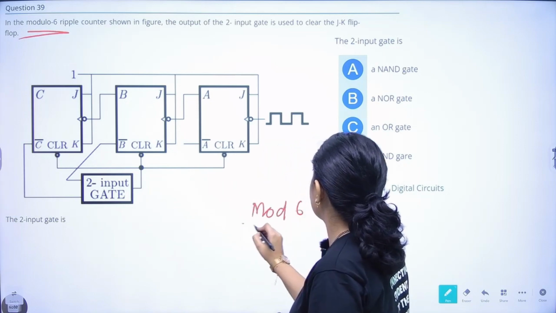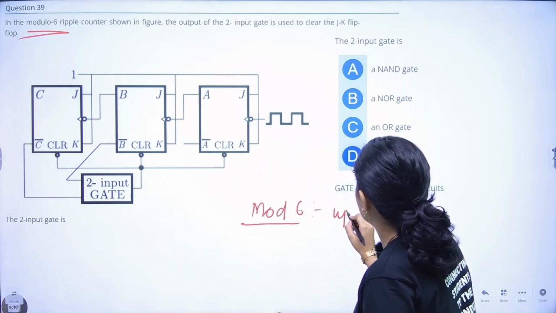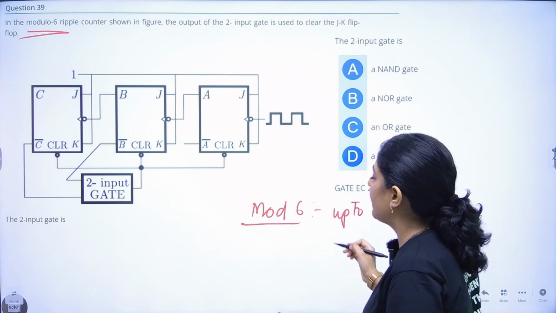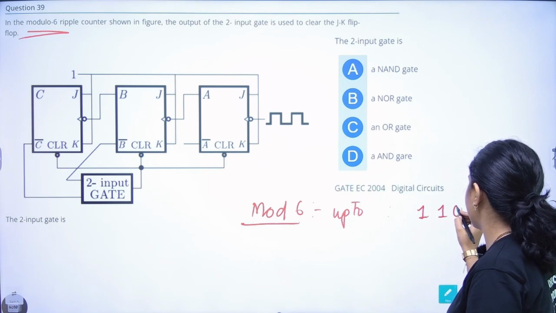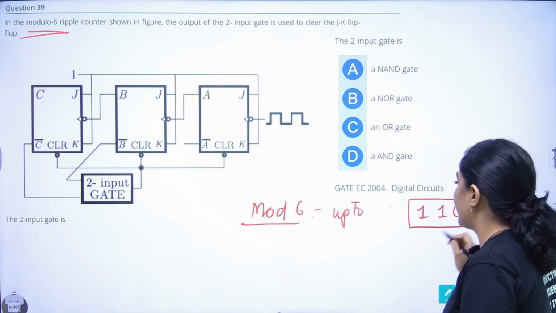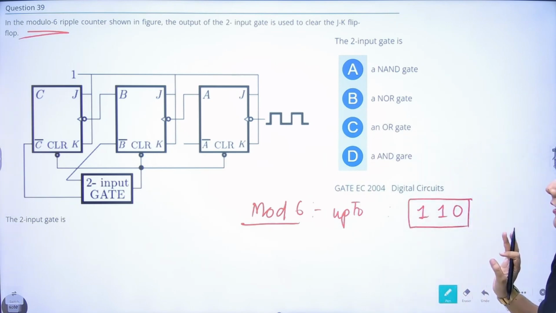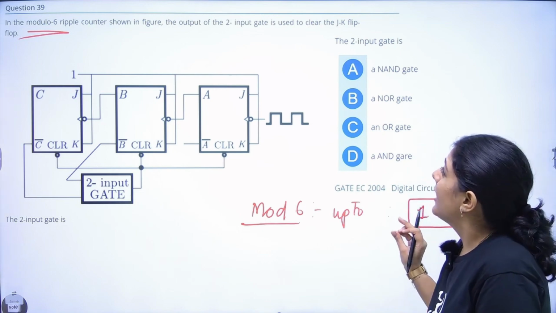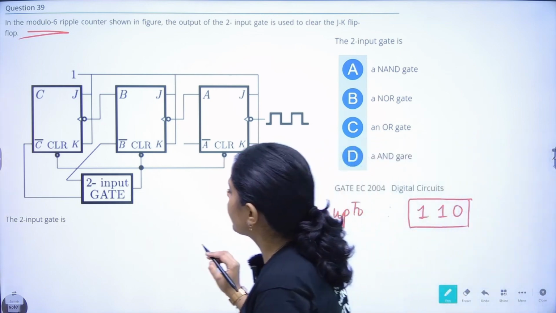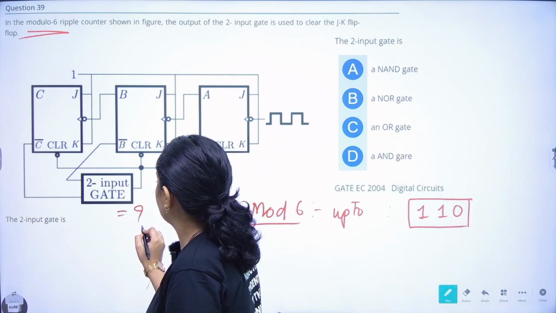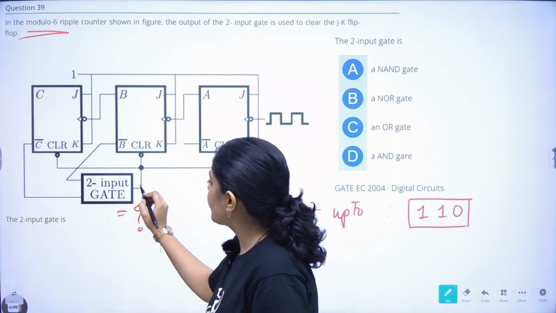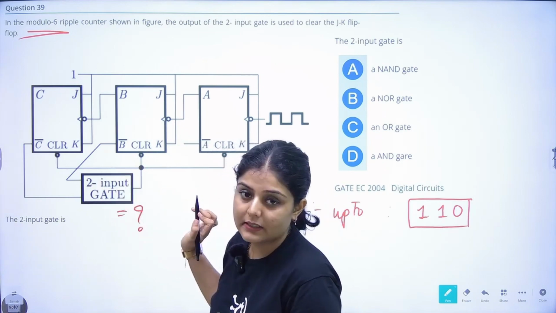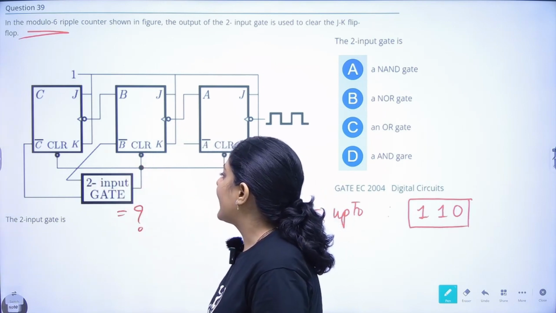That means it will count up to, this is a 3-bit, so in 3-bit, 6 representation is like this: 1 1 0. That is clear according to the question. Now they are asking what is this gate? The output of this gate is connected to the clear signal. Right. Clear is active low.